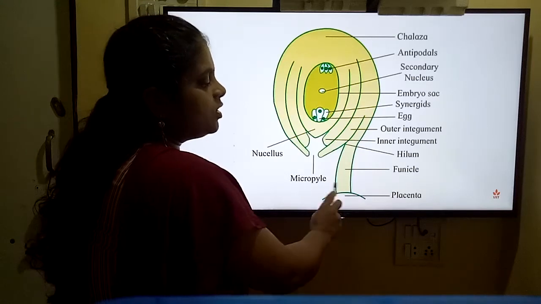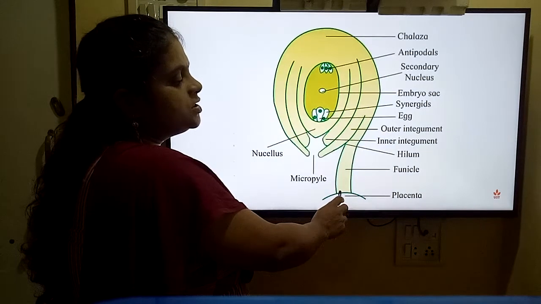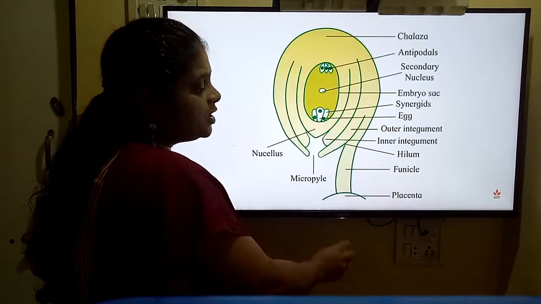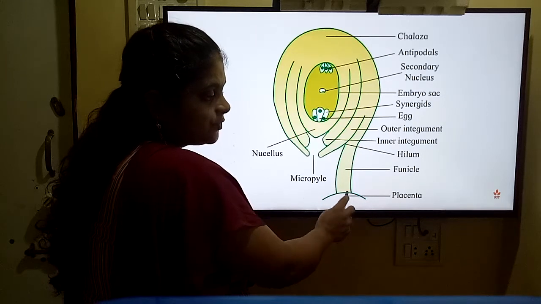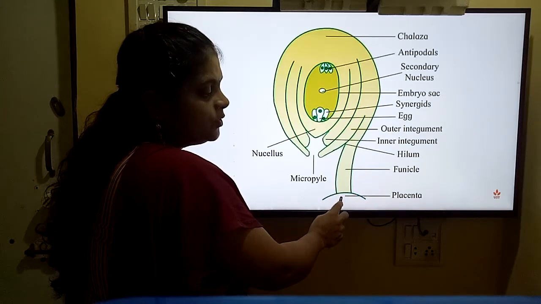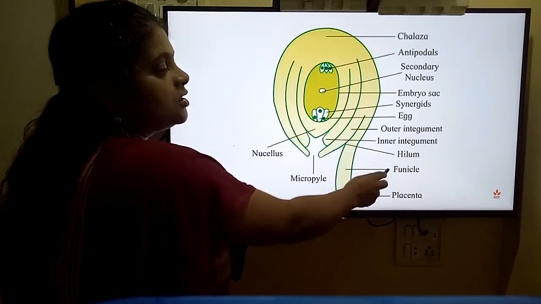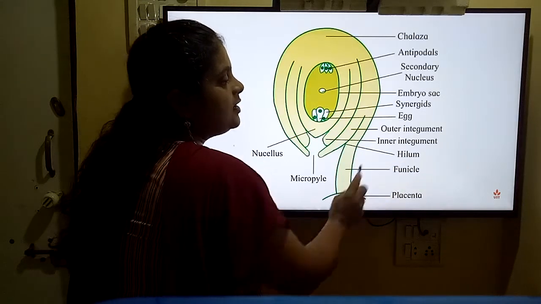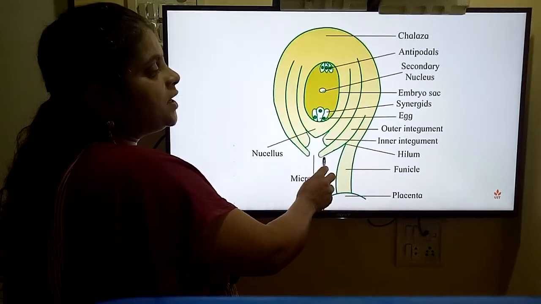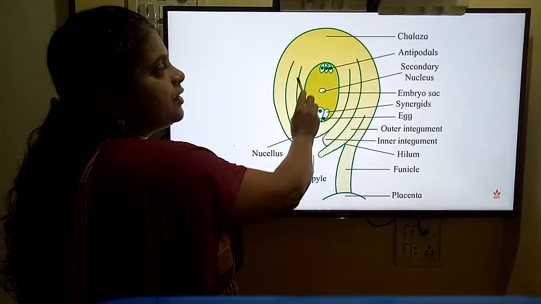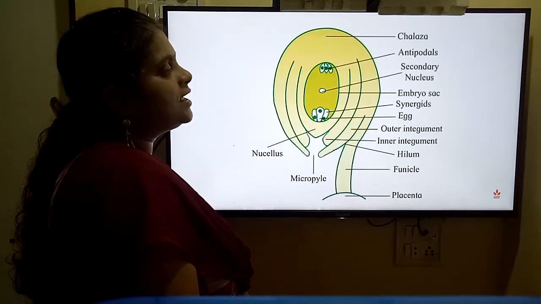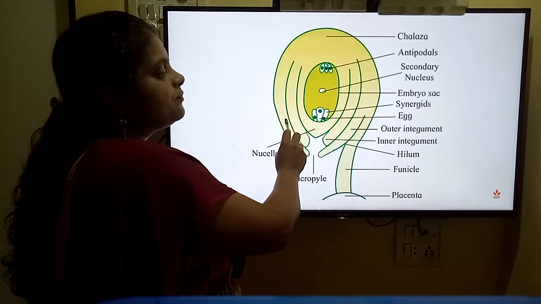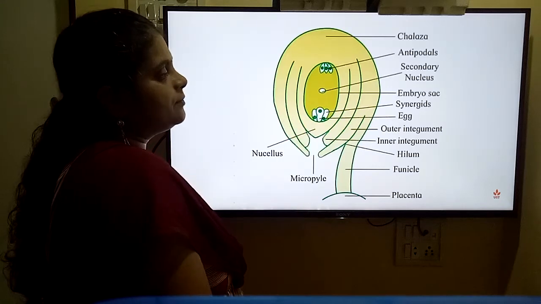So this small curved part is the ovary. This ovary produces the stalk-like structure called the funicle. The attachment of the funicle to the ovary is called the placenta. This funicle is attached to the main body of the ovule called the hilum. Now there is parenchymatous tissue at the center of the ovule called the nucellus, and the nucellus is covered by the two layers, outer and inner integument.